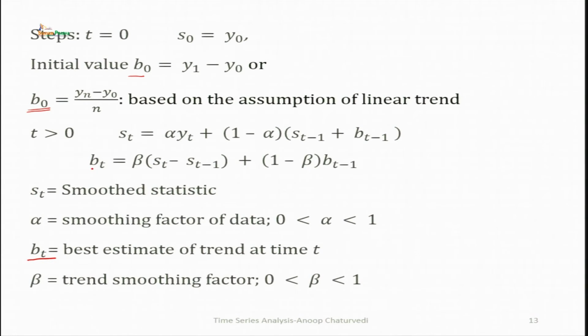Similarly, we take B t equal to beta times S t minus S t minus 1 plus 1 minus beta times B t minus 1. So, this beta is the trend smoothing factor. Here you have two smoothing factors, alpha and beta.